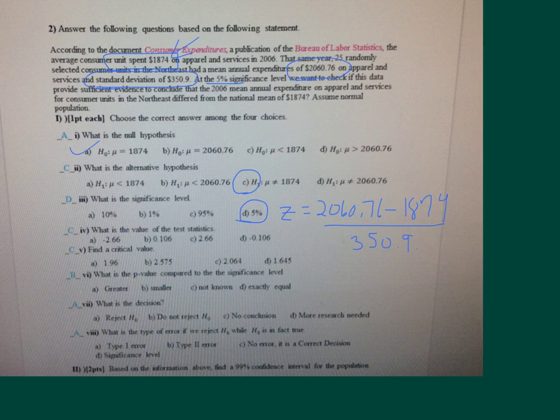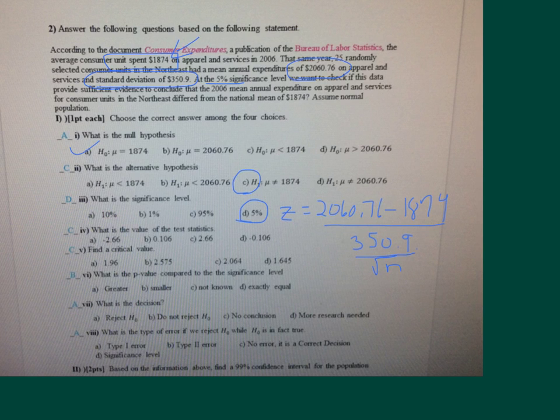So what are we doing wrong here? Aha, I know what we're doing wrong. They're giving us the population standard deviation, and we need the sample standard deviation. So what we do for that is we take the deviation they gave us and we divide that by the square root of n.